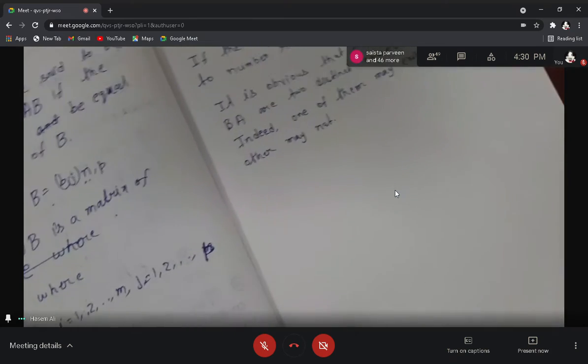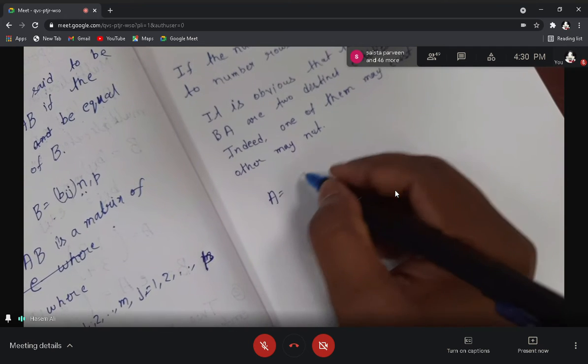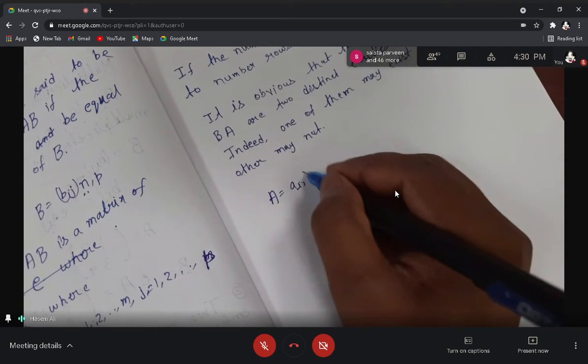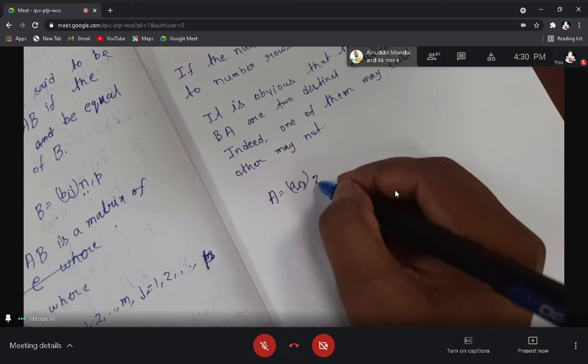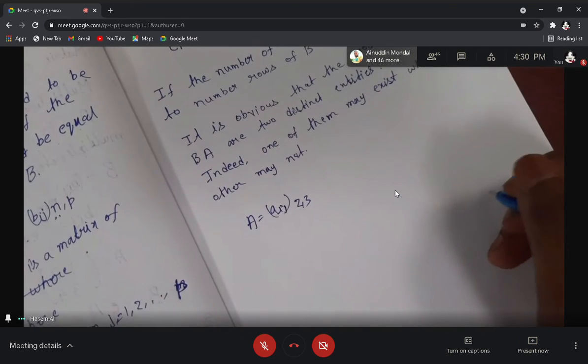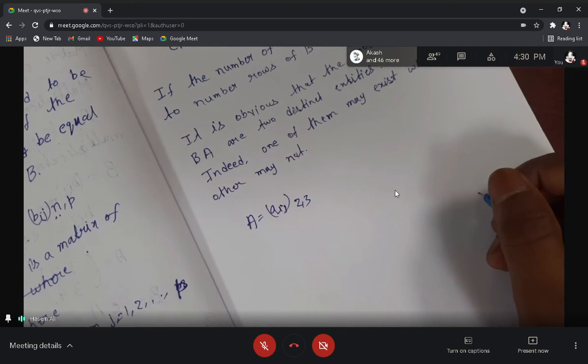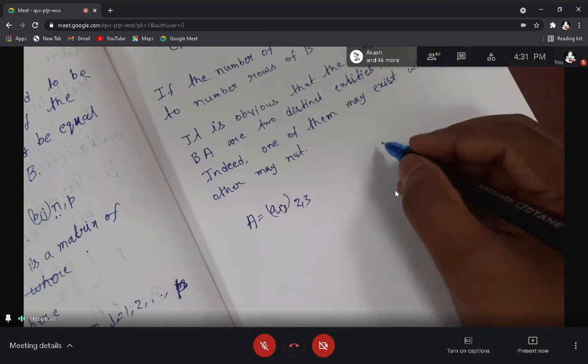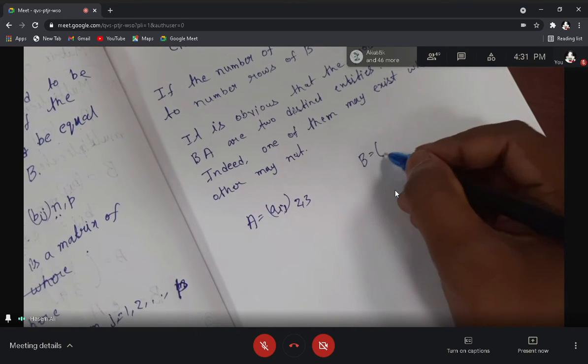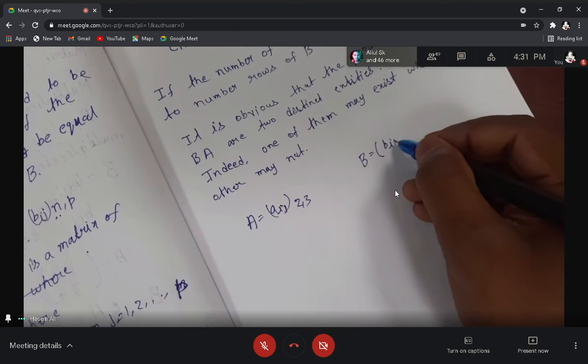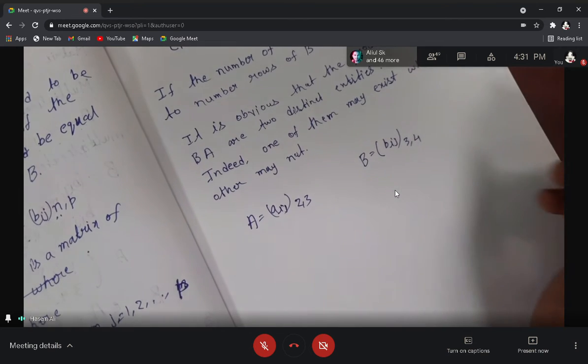Such as, let the order of A be 2 by 3, and the order of B be 3 by 4.